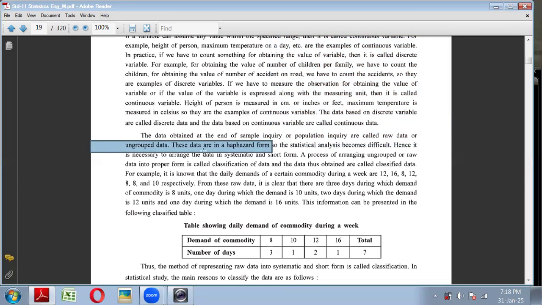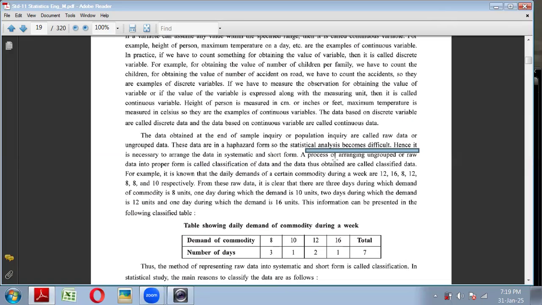It is very necessary that these data should be arranged in a systematic and very short form. When you arrange this ungrouped data into a proper form, that is called classification of data, and the data thus obtained is called classified data.